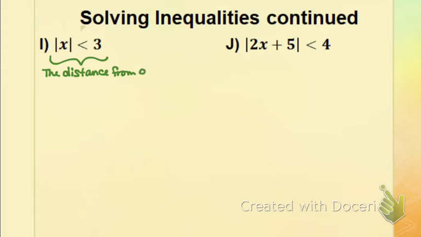The distance from 0 is less than 3 units. So if my distance is less than, am I very, very close to 0 or very, very far away from it? Very close. I have to be less than 3 units away from 0.